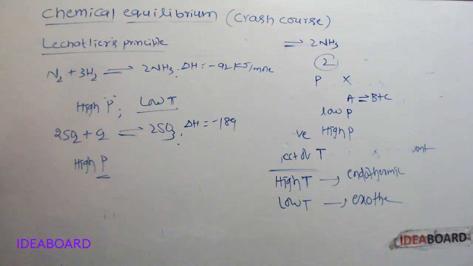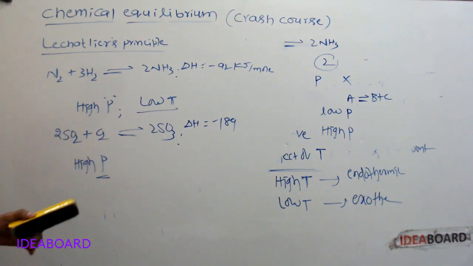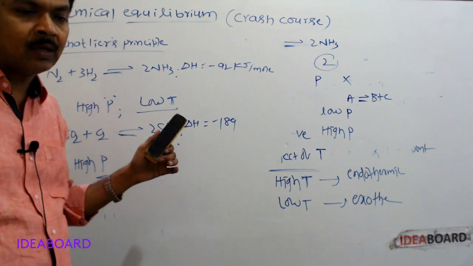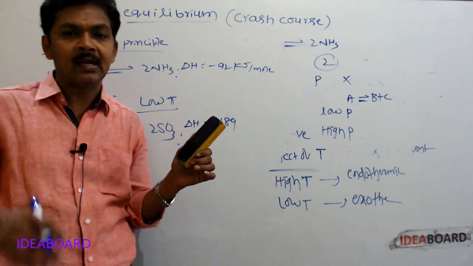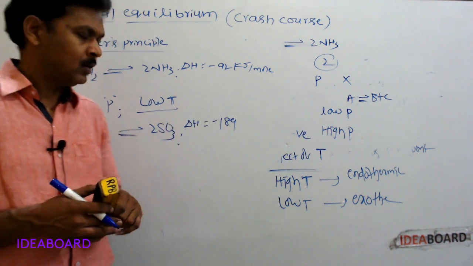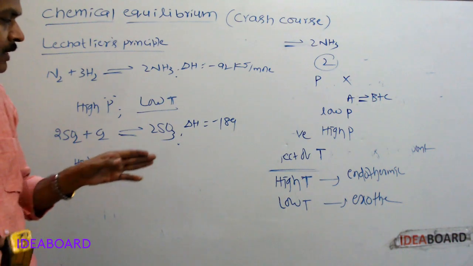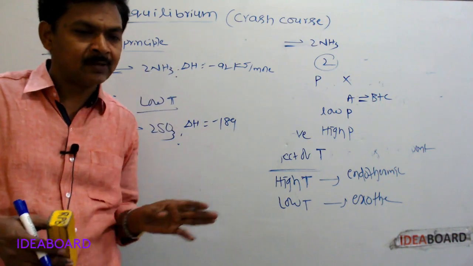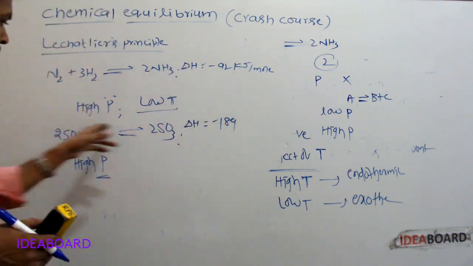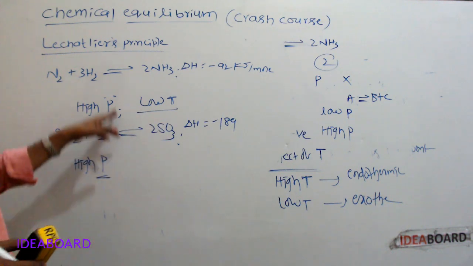But in the contact process, at very high pressures, the towers used in the manufacture of sulfuric acid are corroded. By using this contact process, sulfuric acid is manufactured. This is the principal step.